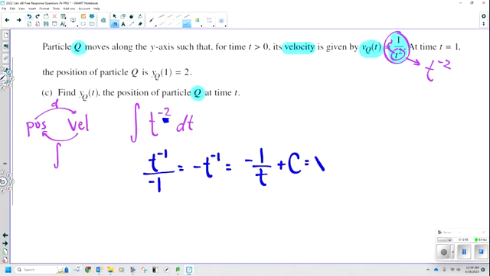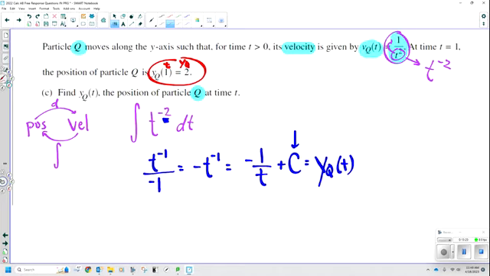This is position. Oh, they say y of q of t. But when they want the equation, I can't have the c here. I got to get the number for that. All right? And this is called an initial condition problem, which means they gave me an initial condition right here that's going to help. When t is 1, my position, I guess I should call that y of q, is 2.